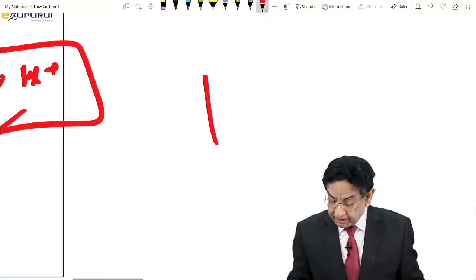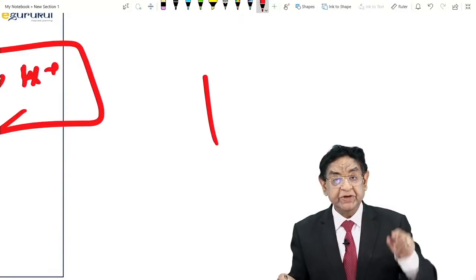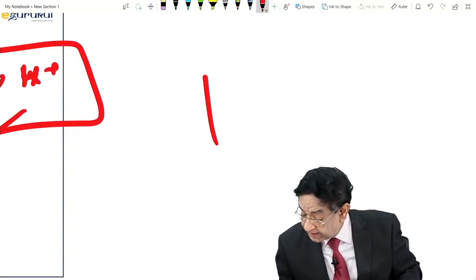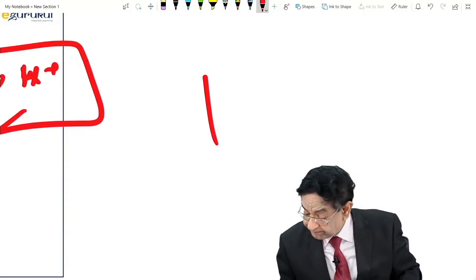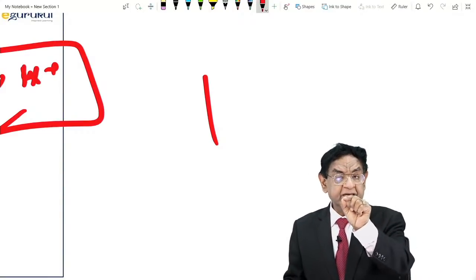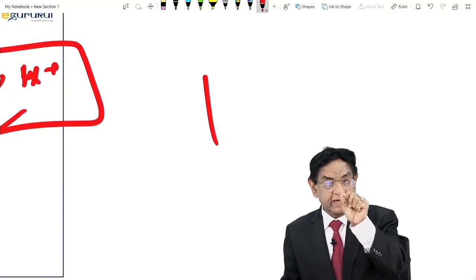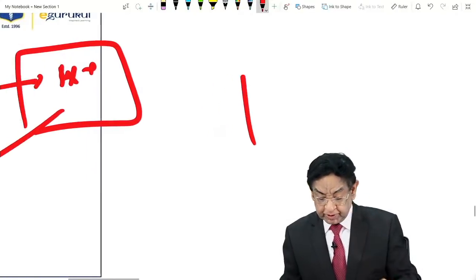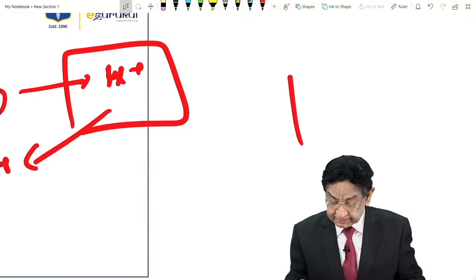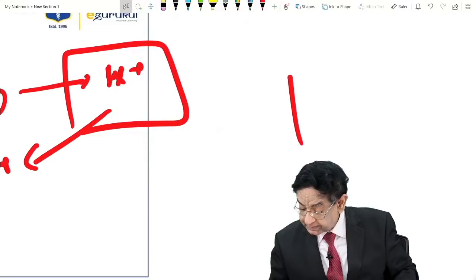In alkalosis, the reverse happens. In alkalosis, the reverse happens, meaning H ion comes out and potassium goes in. So in alkalosis, hypokalemia occurs. Okay.